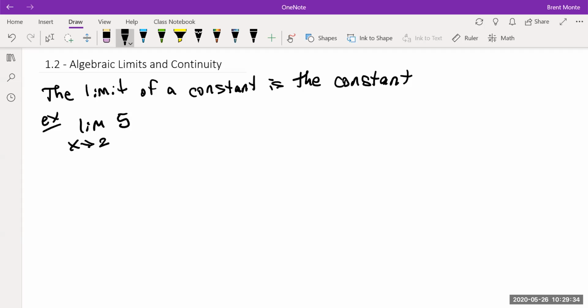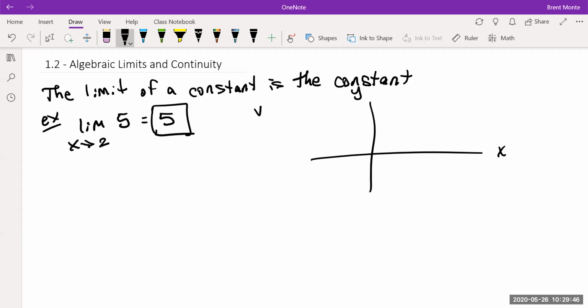The value of the function is still 5. This is always 5. It's whatever the function value is. I'll show you the picture. There's my x and y axes. I've got the line y equals 5, or f of x equals 5 if you want. But all that is, is a horizontal line up here at 5.